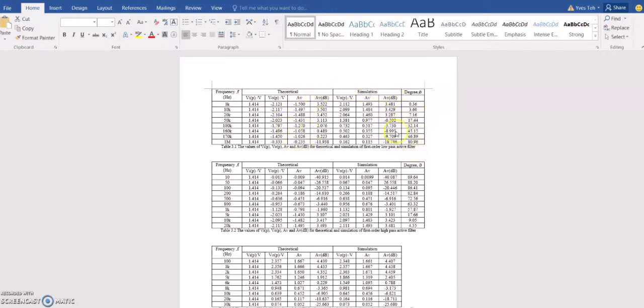In this curve, we have two curves. First is the theoretical curve, and second one is the simulation curve. The graph is the AV against frequency.